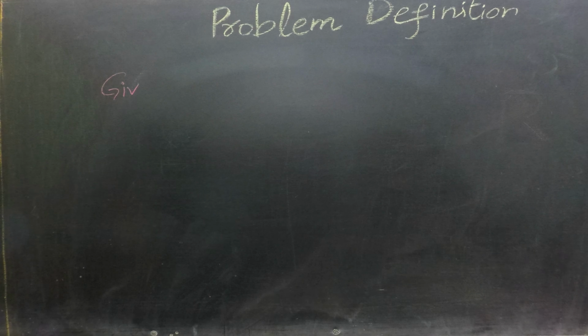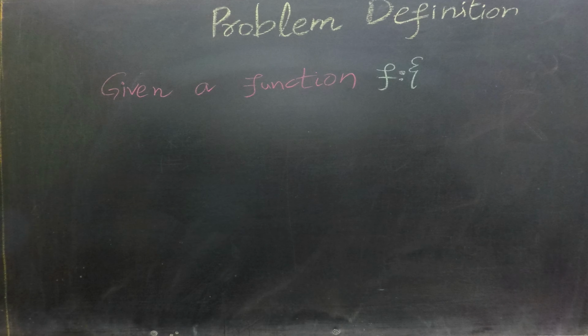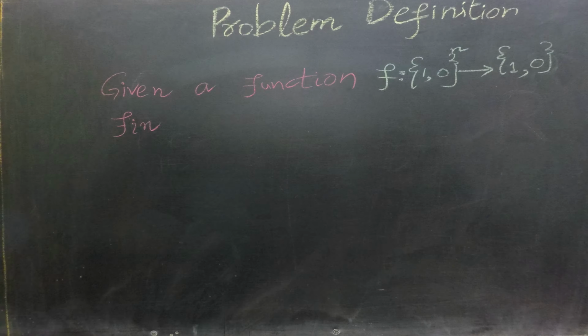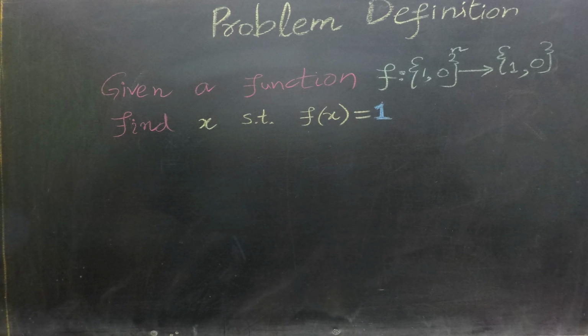You are provided a function f that takes n bits as input and yields a single bit output. You can think of the function as producing either a true or a false output. Our objective is to find a specific input x for which the function returns true.